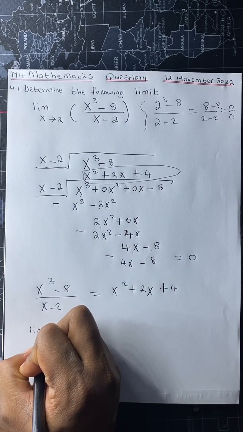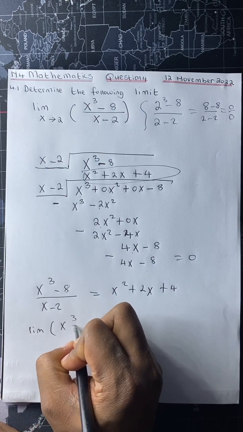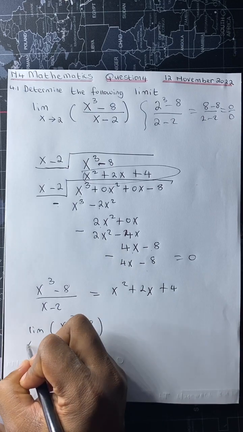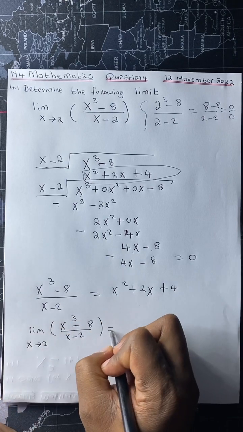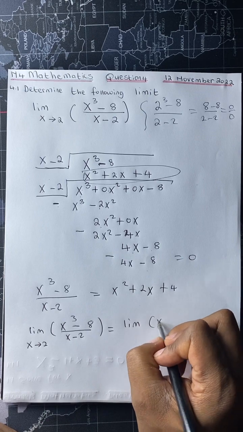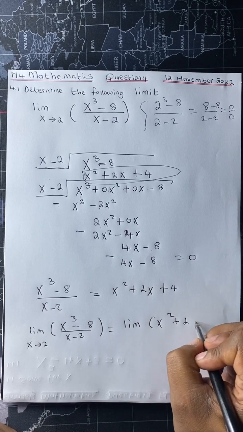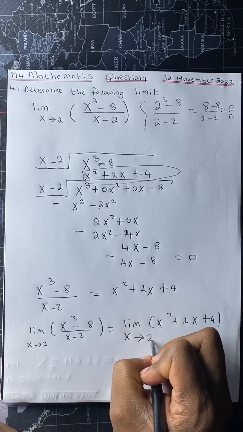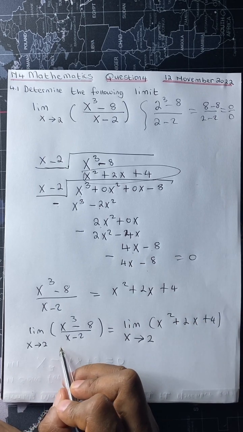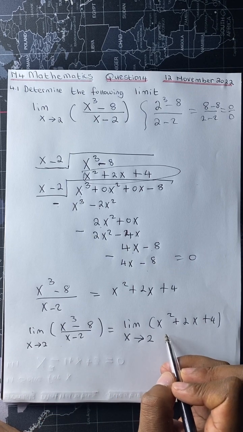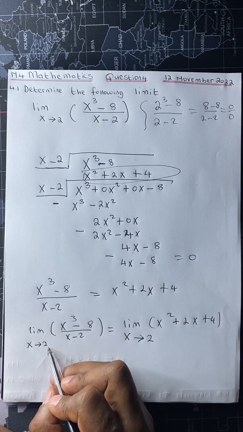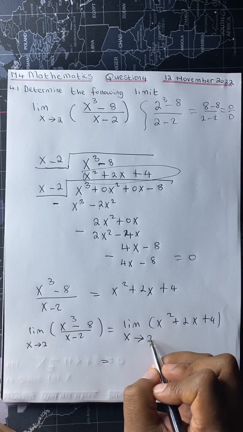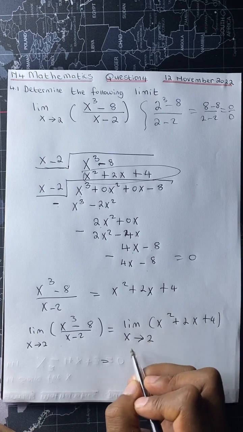So the limit of x cubed minus 8 divided by x minus 2 as x approaches 2 is equal to the limit of x squared plus 2x plus 4 as x approaches 2. Instead of evaluating this limit, we evaluate this one. Instead of plugging the 2 on the left hand side, we plug the 2 on the right hand side. Where there is x, we substitute 2 and we drop the limit.